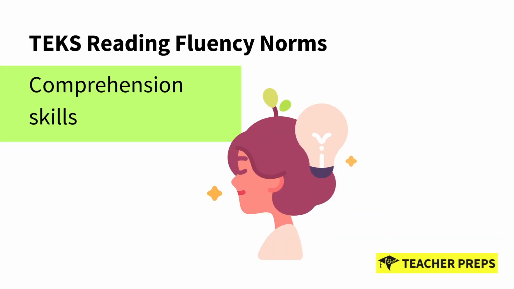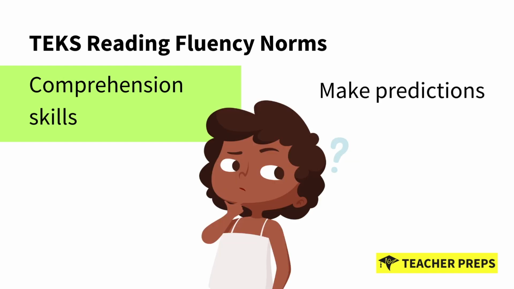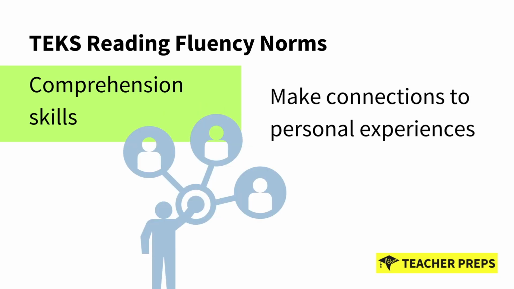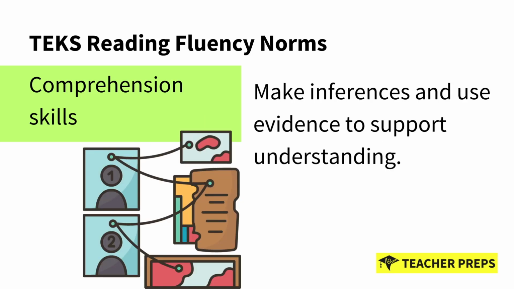The next is all about comprehension skills. Students at this age are expected to make predictions, create mental images to deepen understanding, make connections to personal experiences, make inferences, and use evidence to support understanding.